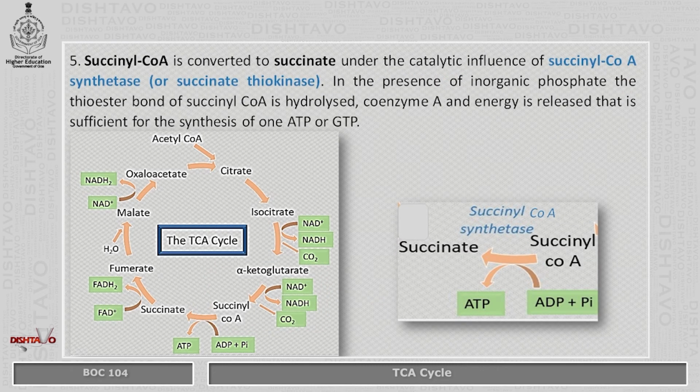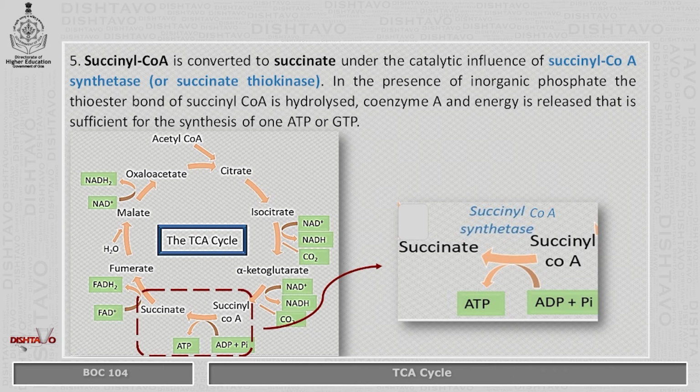In the 5th step, succinyl-CoA is converted to succinate under the catalytic influence of the enzyme succinyl-CoA synthetase. In the presence of inorganic phosphate, the thioester bond of succinyl-CoA is hydrolyzed.